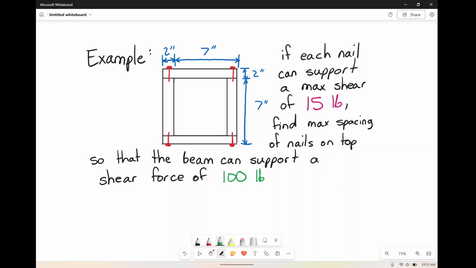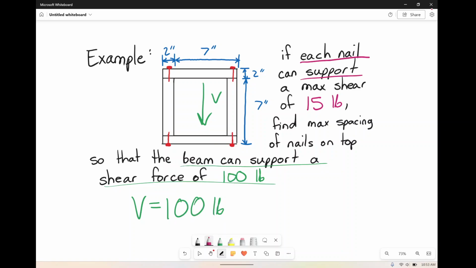So first things first, let's make heads or tails of what we're actually given. We are given the beam supporting a shear force of 100 pounds. That means that V is 100 pounds. So we have a shear force going across this face of 100 pounds. Each nail, though, each nail supports a force of 15 pounds.